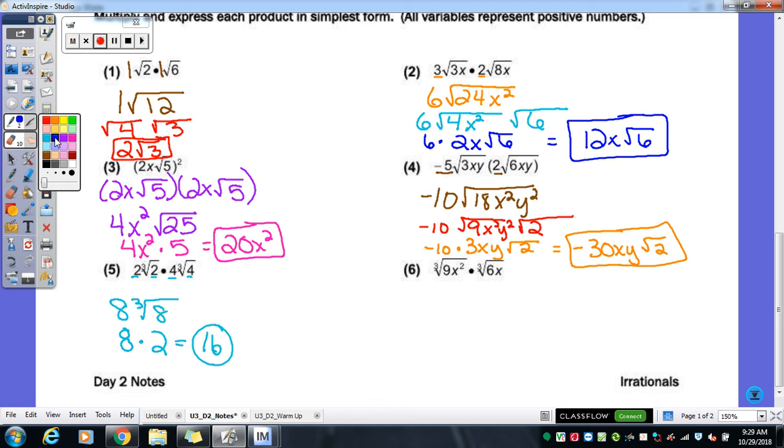Number 6, again, what are our coefficients? 1. So we don't have to write them. We know 1 times 1 is 1. Cube root of 9 times 6 gives us 54. And then x cubed, because x squared times x to the first, you add your exponents, so we would get x cubed. So now is 54 a perfect cube?